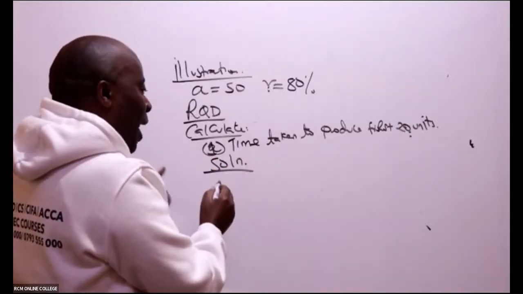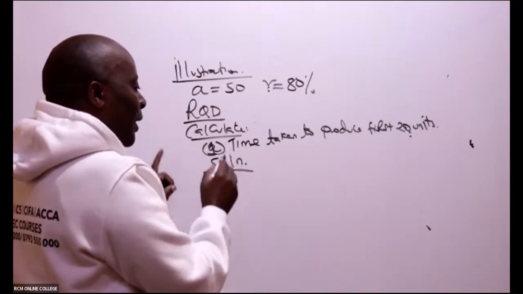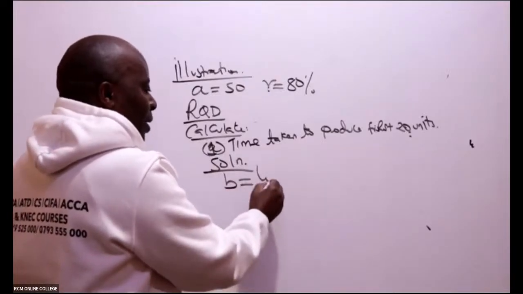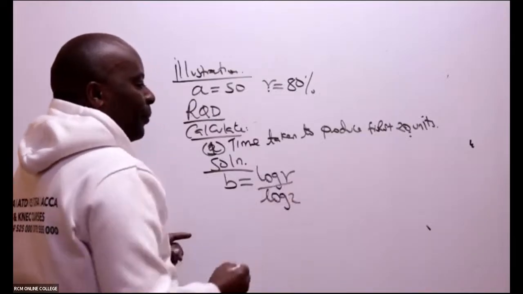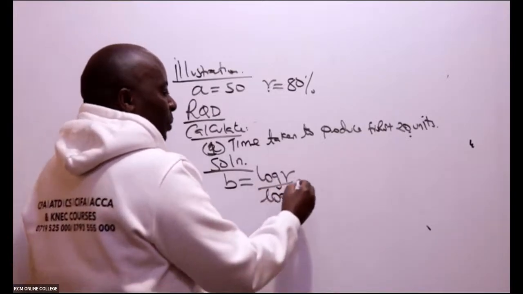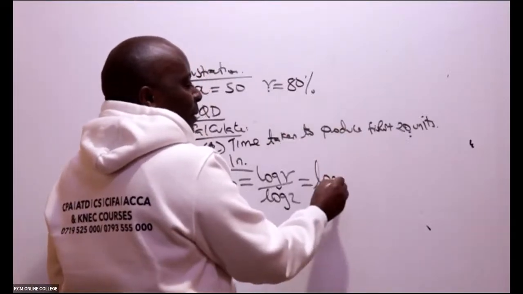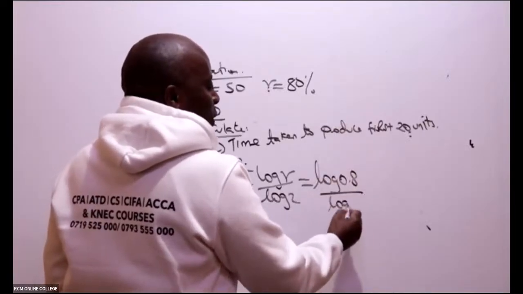Solution. The very first thing I will do is to get the learning index b. How do we get the learning index b? It is the logarithm of r over the logarithm of 2. So in this case, don't say 80%, it must be point something. So logarithm 0.8 over logarithm 2.